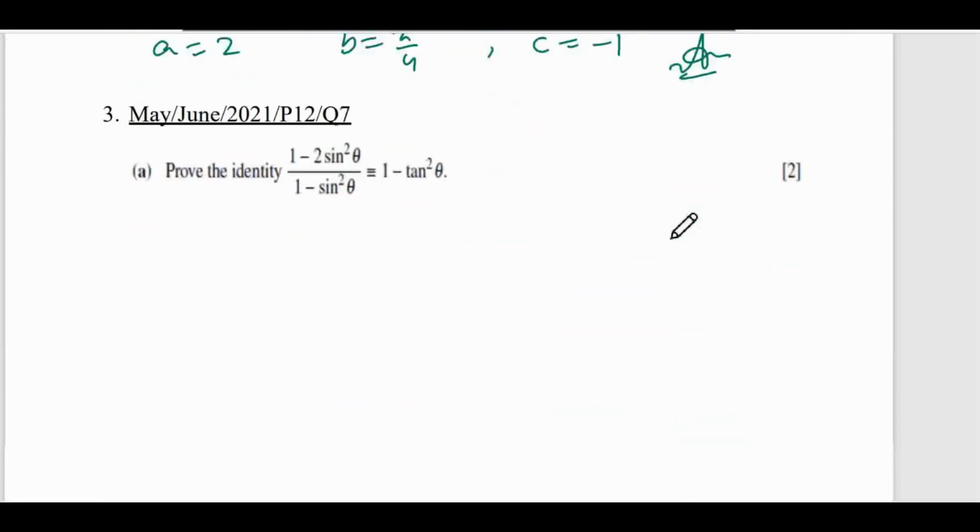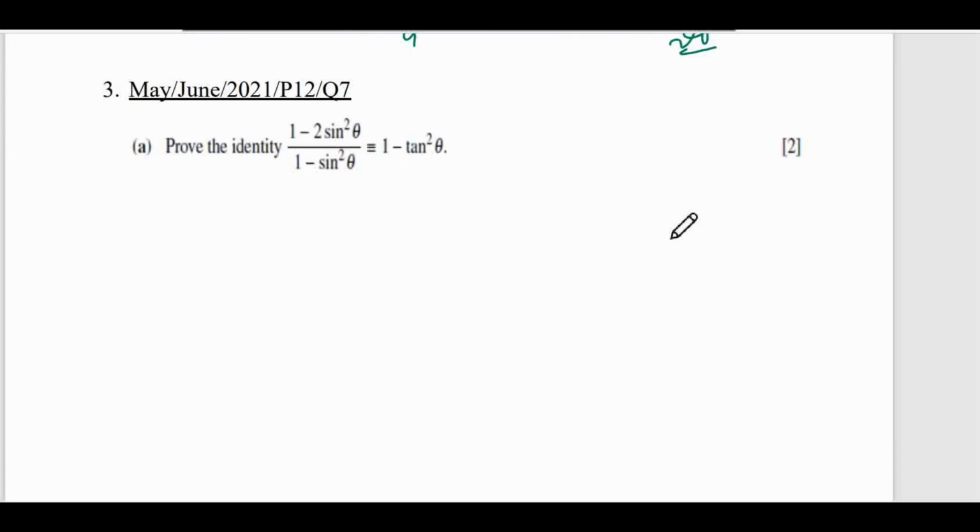Question number 3. It is from May-June 2021, paper 1, 2. Prove the identity, this one. So let's choose the left hand side: (1 minus 2 sine square theta) whole divided by 1 minus sine square theta.